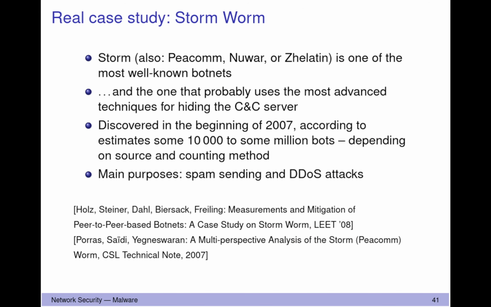Okay, so one example is Stormworm. It started in 2007. Newer versions obviously have much more complexity, but this is a nice example to showcase. There are two purposes: sending spam, which still pays off.